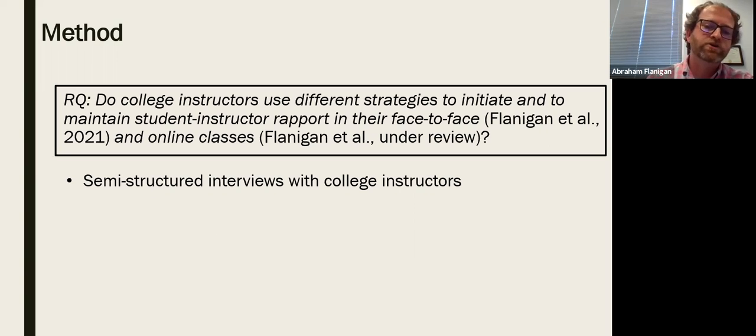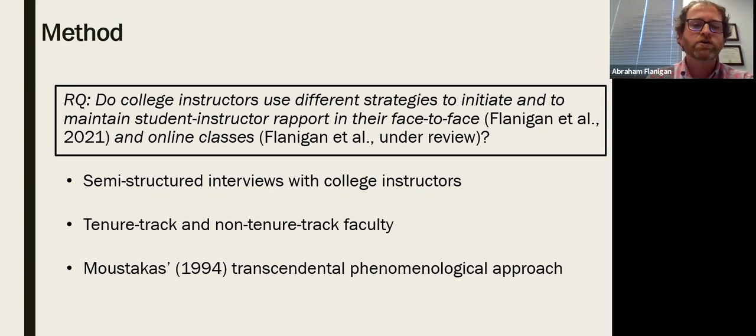So we did semi-structured interviews with college instructors, using tenure track and non-tenure track faculty members as participants across both studies. And similar to the Flanigan and Babchuk study I described earlier, we used the phenomenological approach to conduct interviews and analyze the findings.